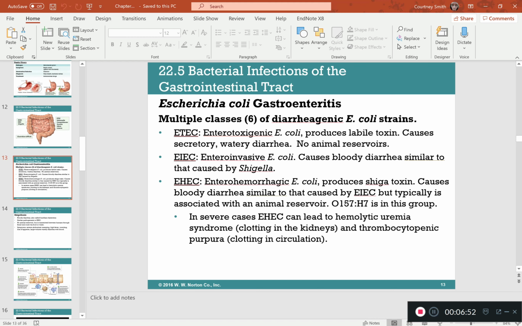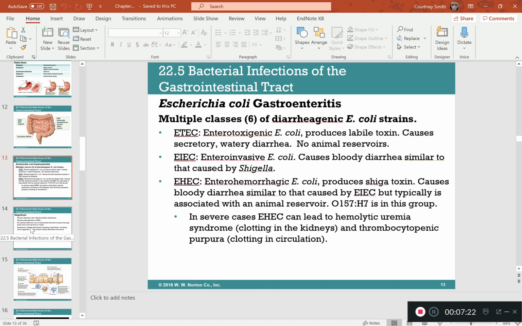And then with the EHEC, this one specifically produces a Shiga toxin, as compared to the ETEC, this one has the labile toxin. The EHEC also does cause bloody diarrhea, and this one is actually associated with an animal reservoir, whereas the other two are not associated with animal reservoirs. I believe that's the big picture of those guys.